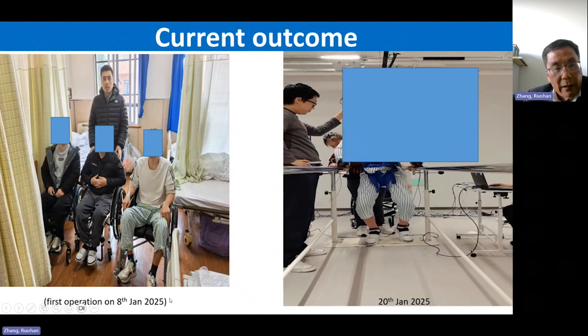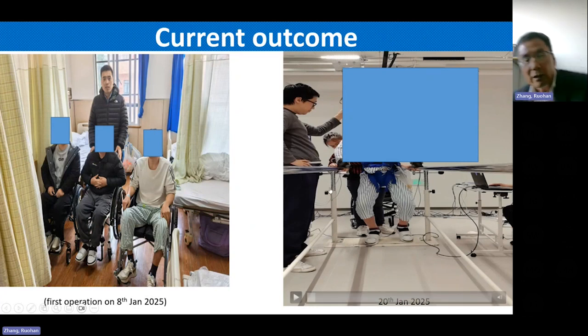This year we did the first operation, last month, essentially. We selected a few patients, for example this guy, and implemented chips in his brain in the motor area and also on the spinal cord, and that's the outcome.